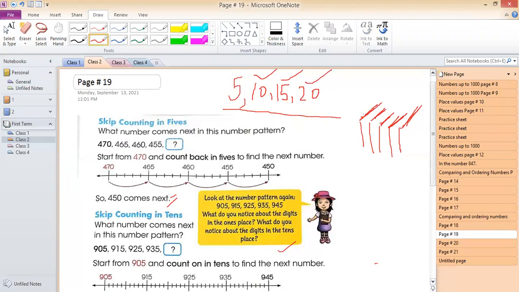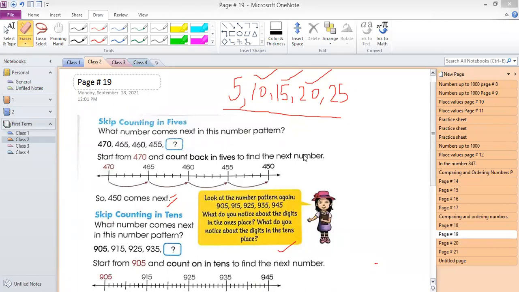After 20, what will come? 21, 22, 23, 24, and 25. After 25, what will come? 26, 27, 28, 29, and 30. In this way, you can count in fives and write a full series. Clear, guys?